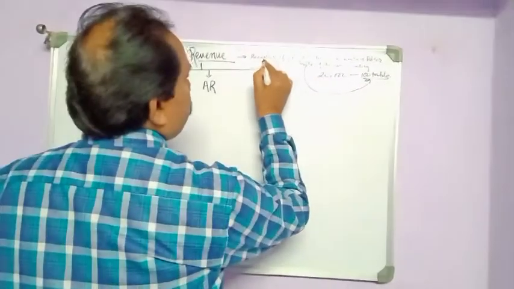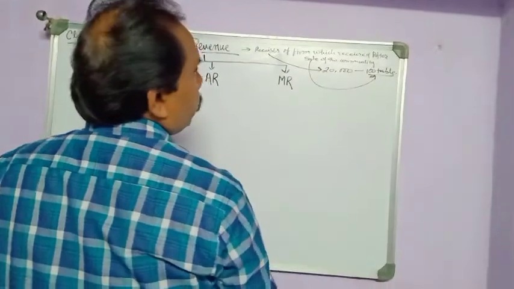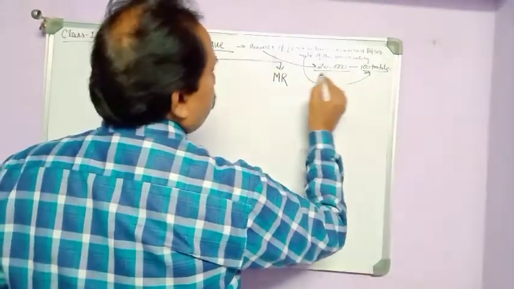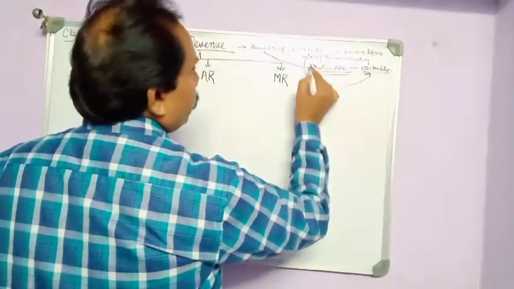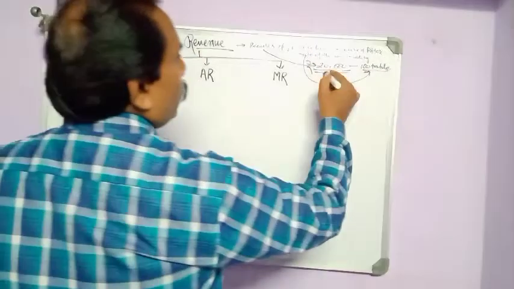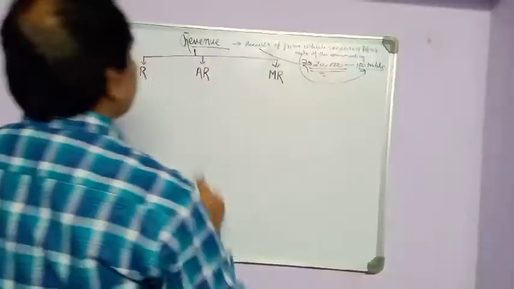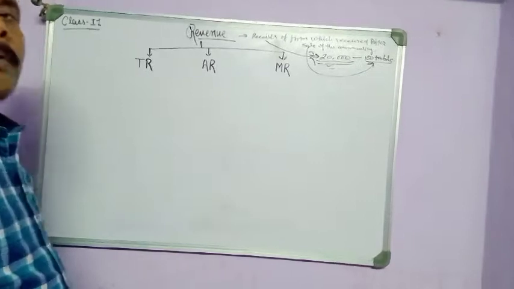How much is received? The received amount is 20,000 rupees. So this 20,000 will be considered as the revenue of a firm.